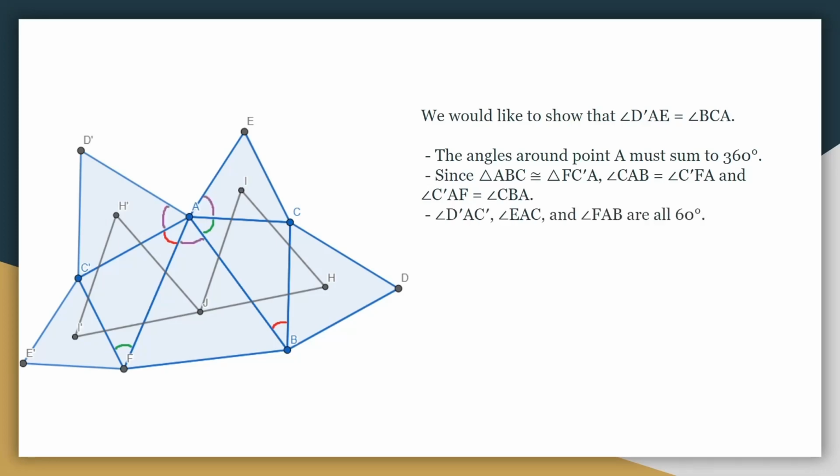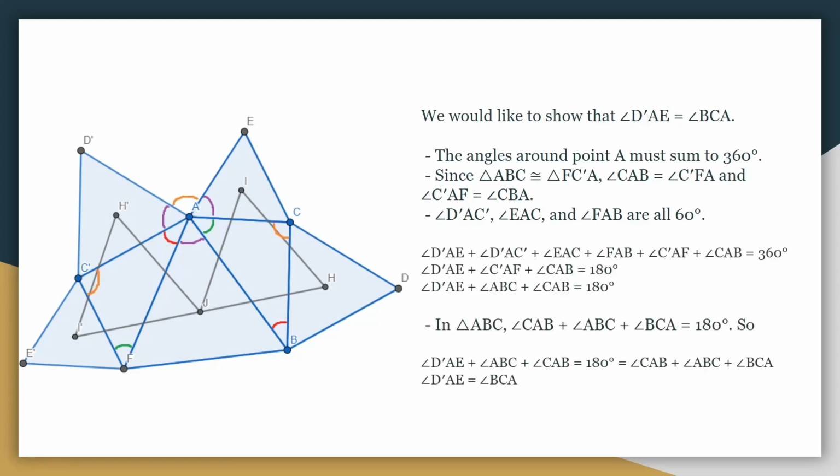Since triangles D'C'A, AEC, and AFB are all equilateral, we know that angles D'AC', EAC, and FAB are all equal to 60 degrees. We can take the sum of all angles around point A to be equal to 360 degrees, and subtract those that are equal to 60 degrees to get the sum of angles D'AE, C'AF, and CAB to be equal to 180 degrees.